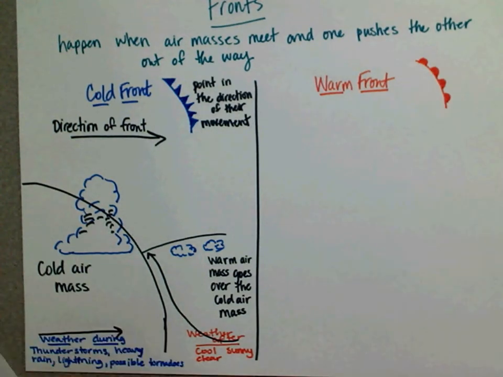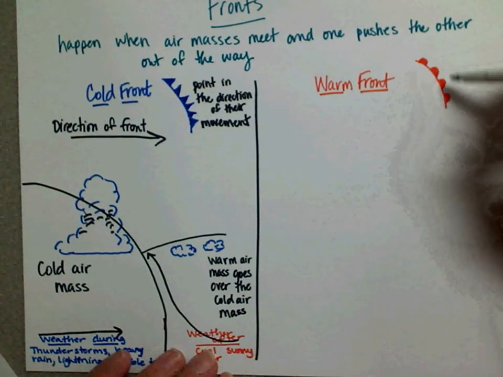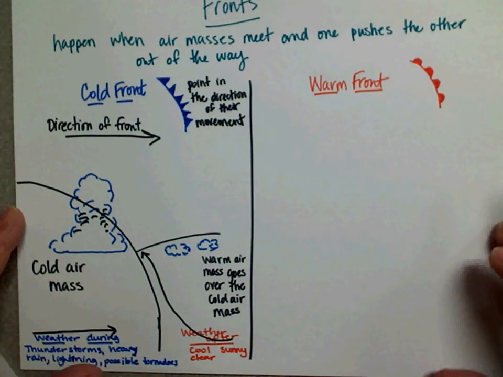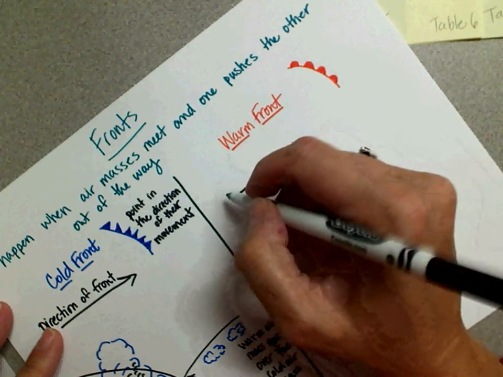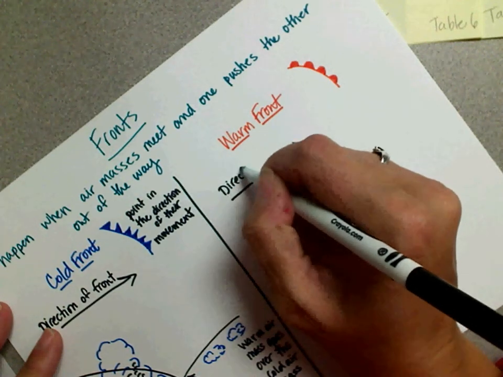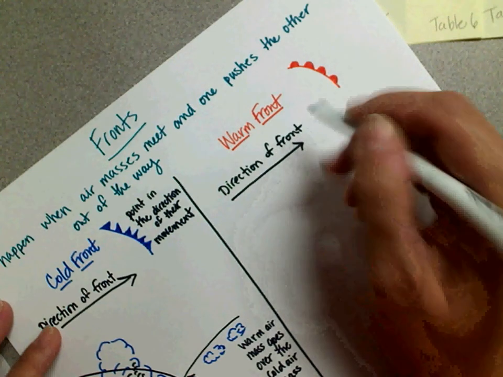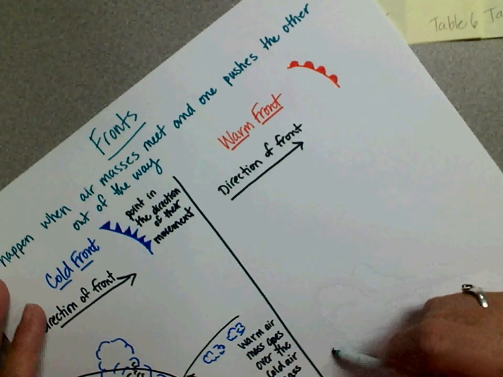Okay? So, warm front. Remember this right here? Direction of the symbols are the direction that it's moving. Okay? So in our warm front, again, our direction of the front. Okay? But what happens in a warm front? So we have this warm air mass.